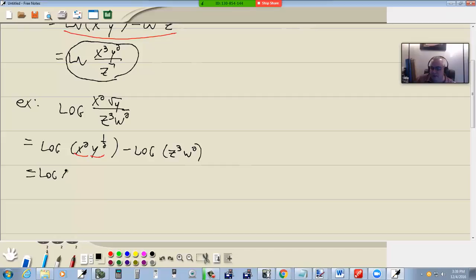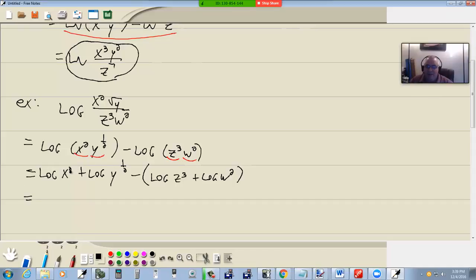So this is log x squared plus log y to the 1/2 minus, I'm going to put a parentheses here, because this minus has to affect everything that follows it. And here we got multiplication, z to the third times w squared. So multiplication becomes addition. So this is log z to the third plus log w squared.